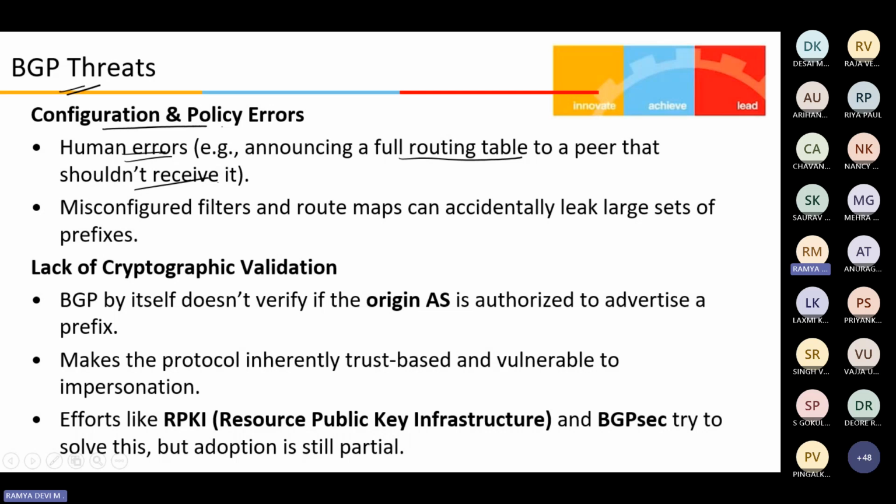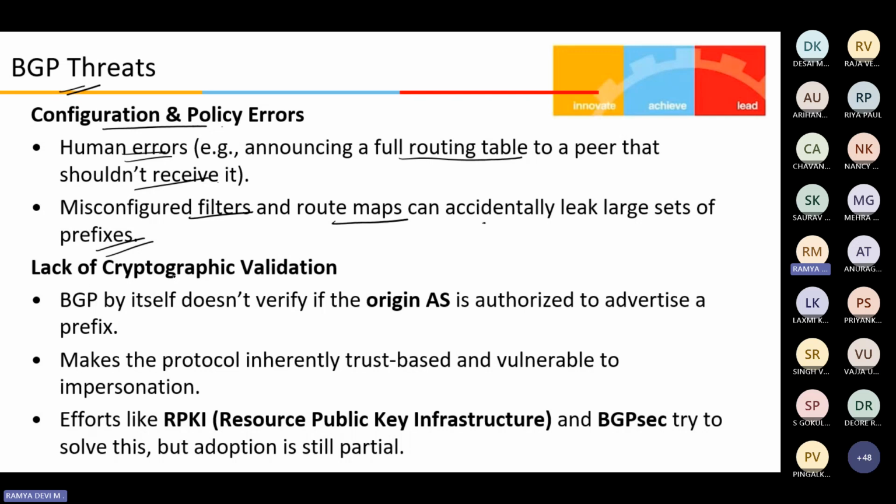Misconfigured filters, route maps and prefix lists can unintentionally leak a large set of prefixes. So widespread routing leaks will happen, leading to congestion. It can even trigger cascading instability across multiple autonomous systems.